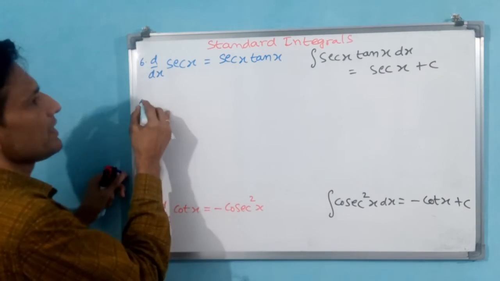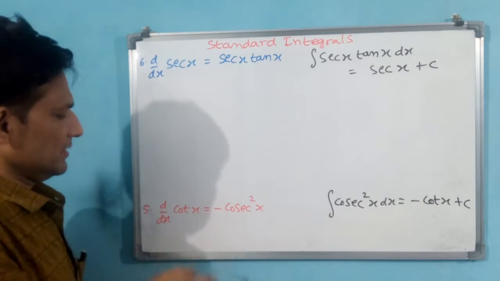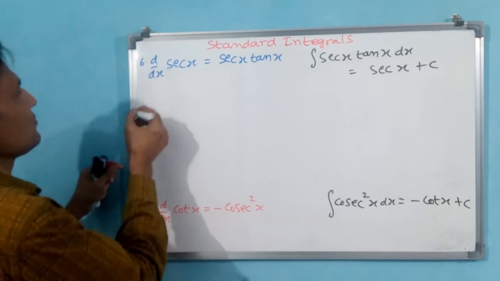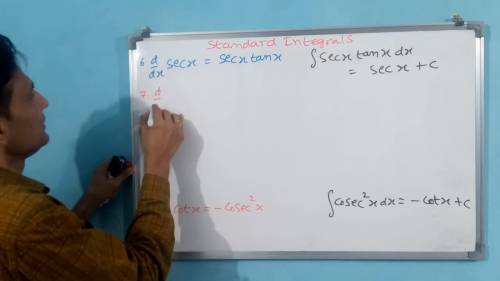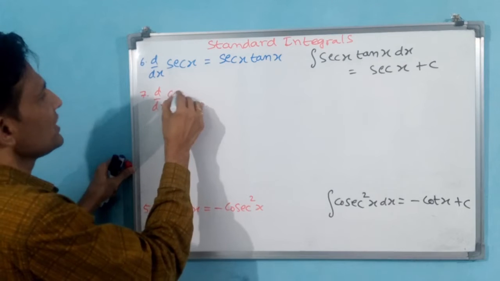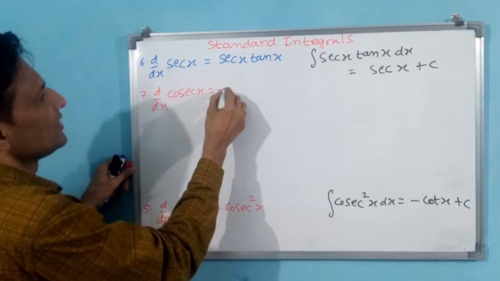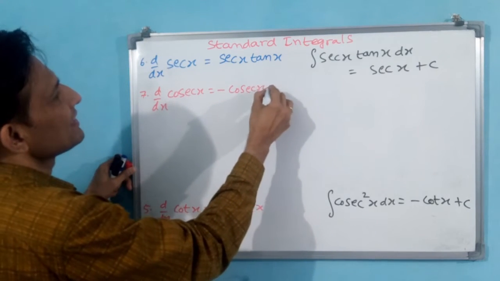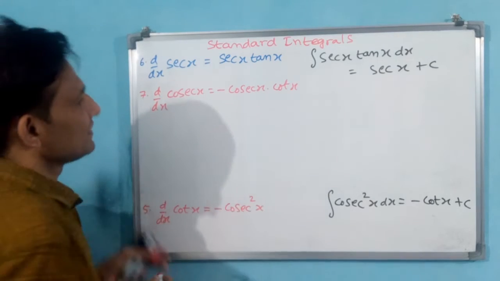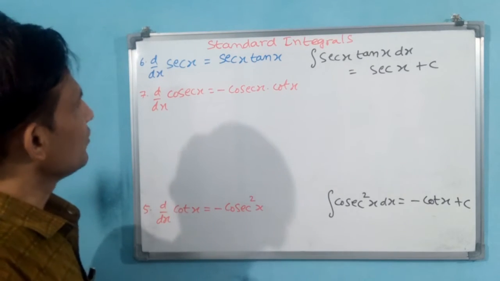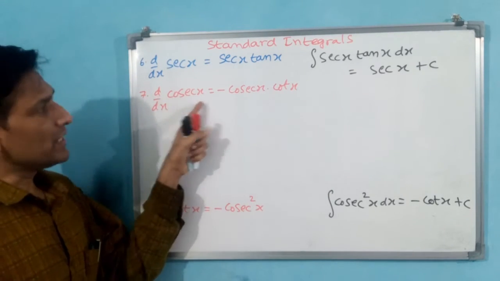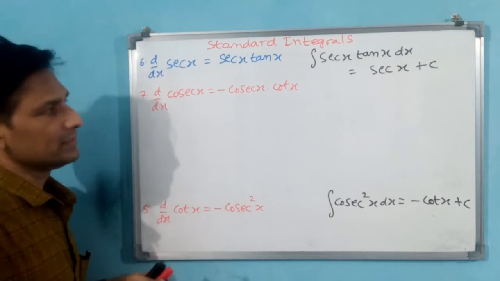Okay. Write down. Next step, 7th. D by dx of cosecant x is minus cosecant x cot x. Is it okay?